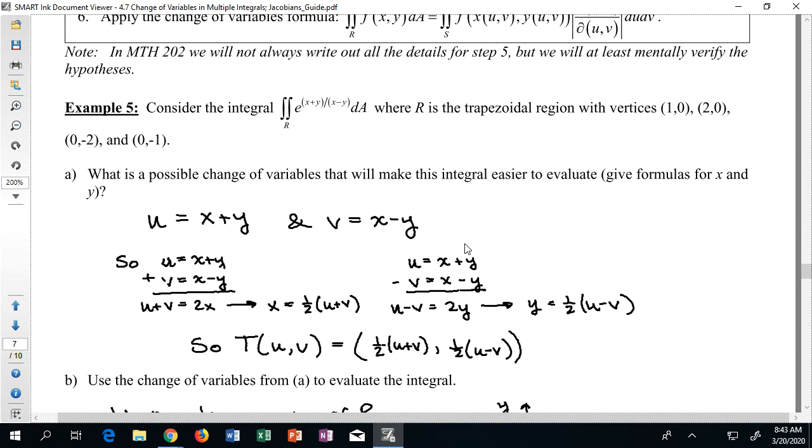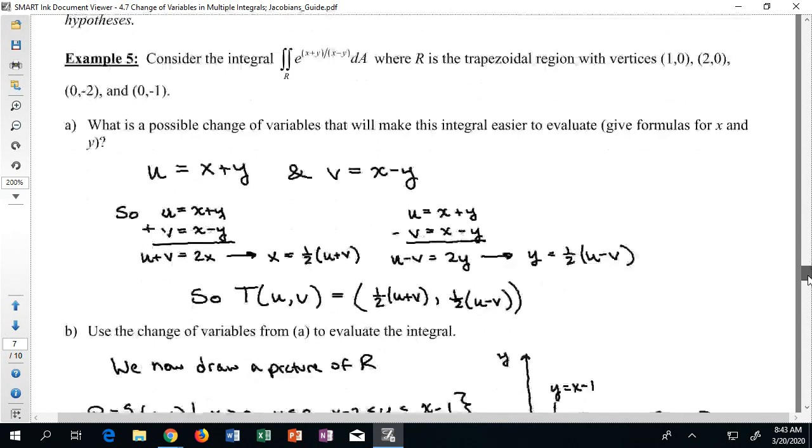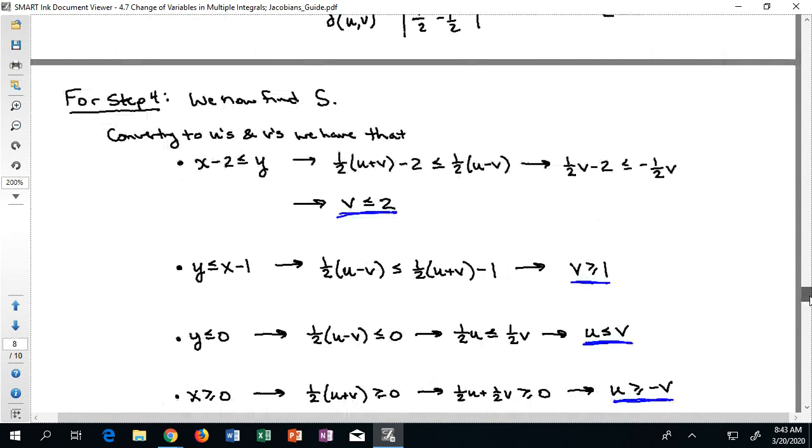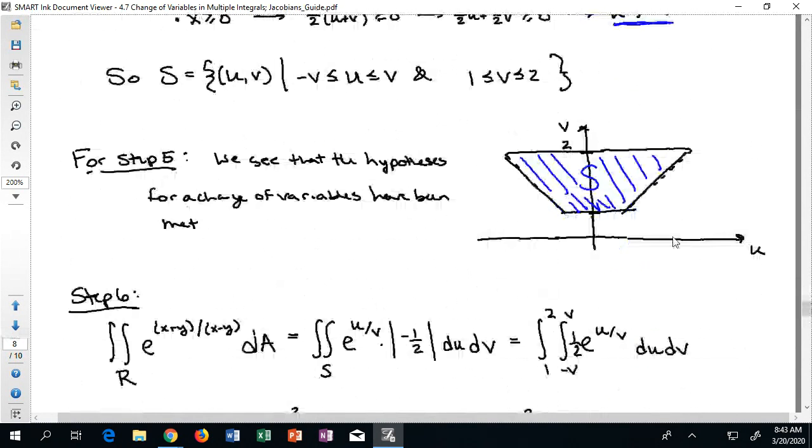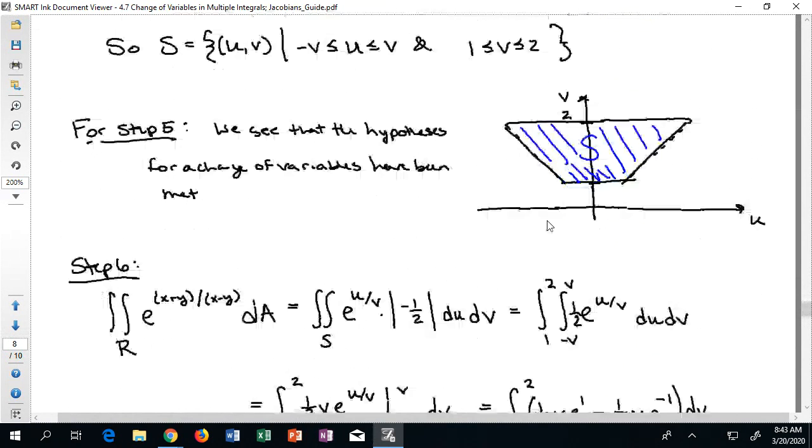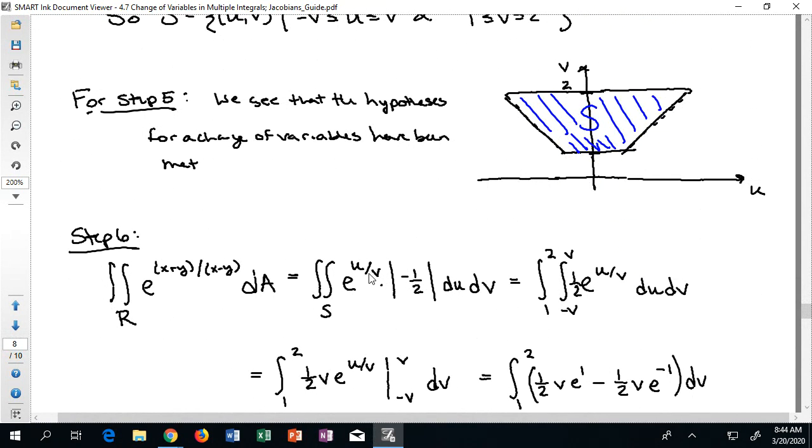There's nothing that I can do to tell you exactly how to do that, but your goal is ultimately to try to get down to something much, much easier to integrate. And so you can look at that by either getting an easy region, or maybe by thinking about what an easy function that you're attempting to integrate would look like.